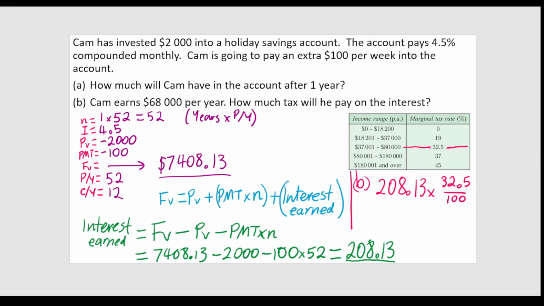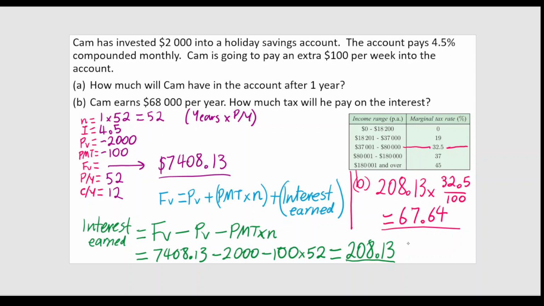Or you could, if you're confident with moving the decimal across, you could say 0.325. If we plug that in, what we've got here is 0.325. He's paying $67.64 on that investment.